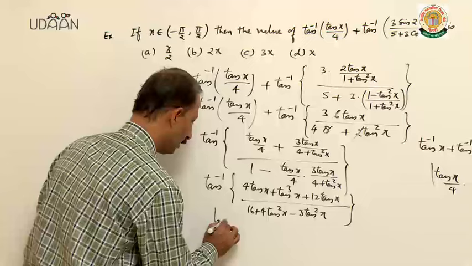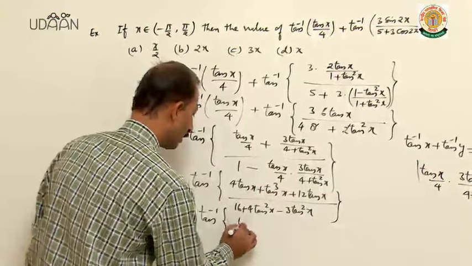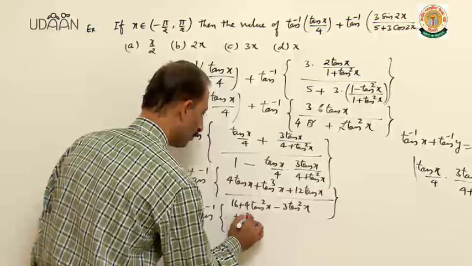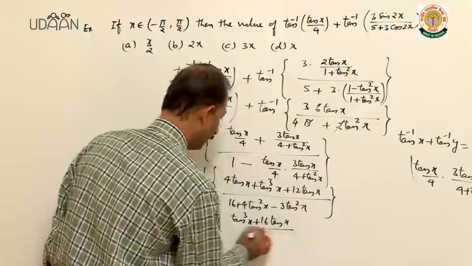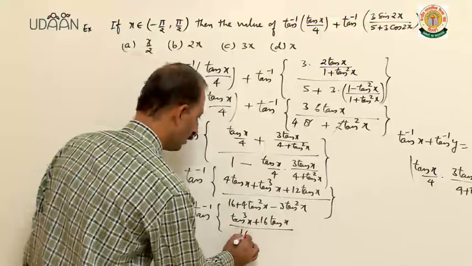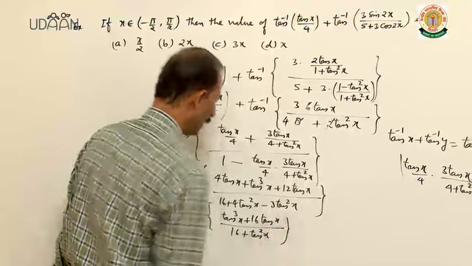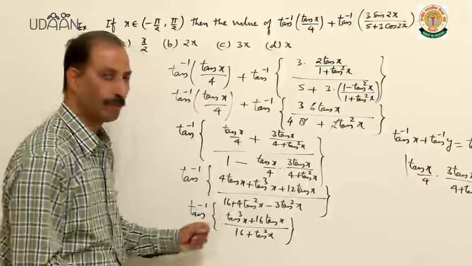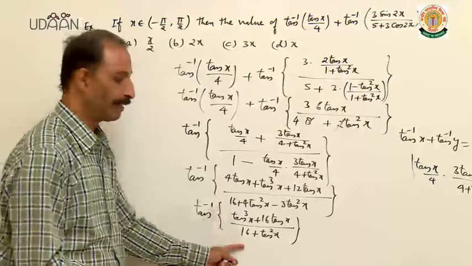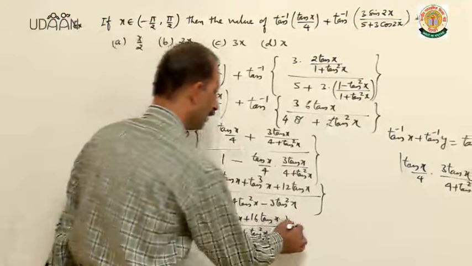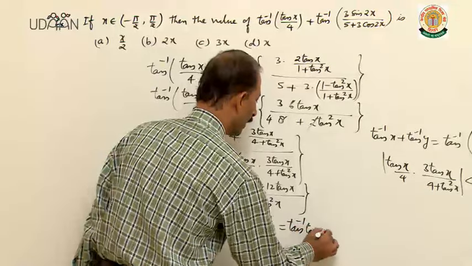You can check, children. It becomes tan cube x plus 16 tan x divided by 16 plus tan square x. Children, if you take common tan x from the numerator, you will get again 16 plus tan square x. That will be cancelled. So now you are getting this value, tan inverse of tan x.